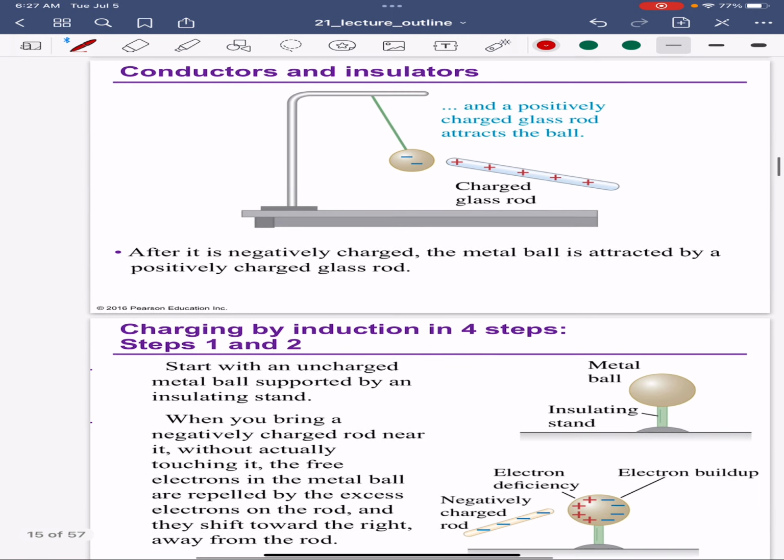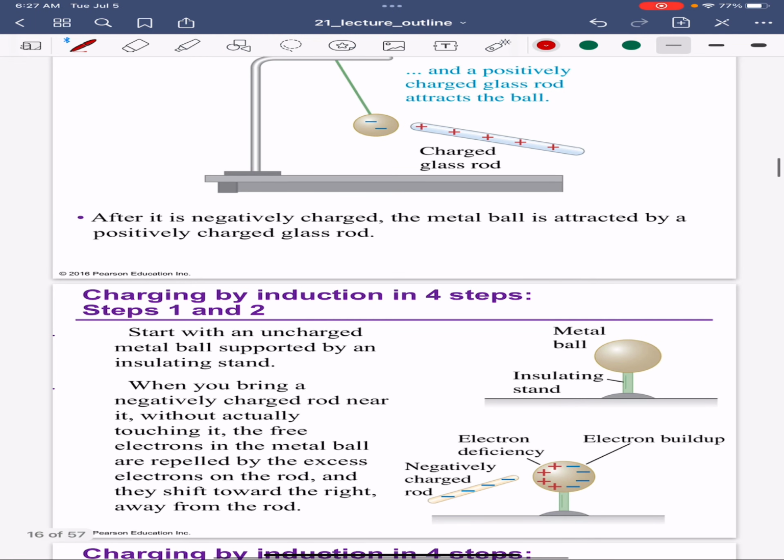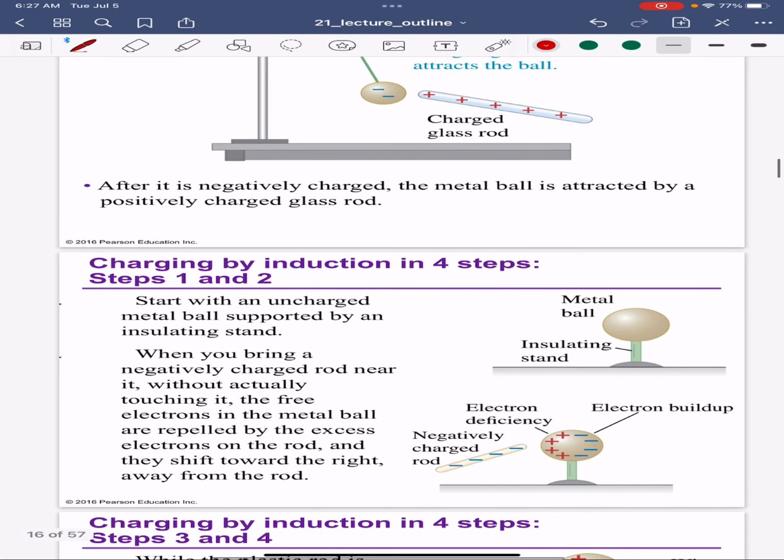Now, sometimes we can charge by induction. Induction means a charging that is not an actual transfer of electrons. This is how we charge by induction. We start with an uncharged metal ball, with a support and an insulating stand so that we will not have these charges going through the ground.